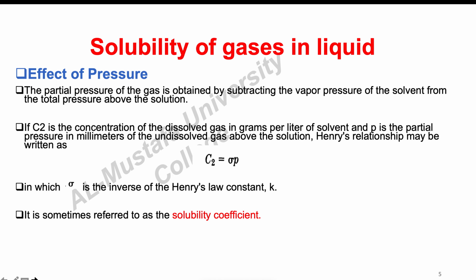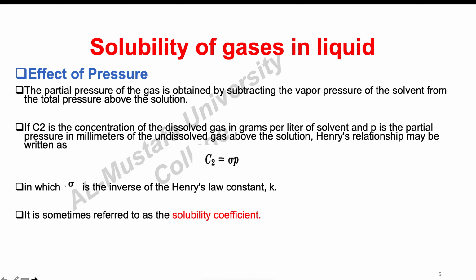If C2 is the concentration of the dissolved gas in gram per liter, okay, of solvents, and P is the partial pressure in milliliters of the undissolved gas above the solution, Henry's law may be written as.